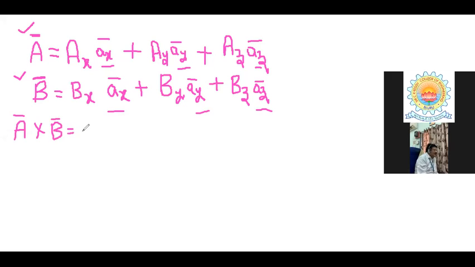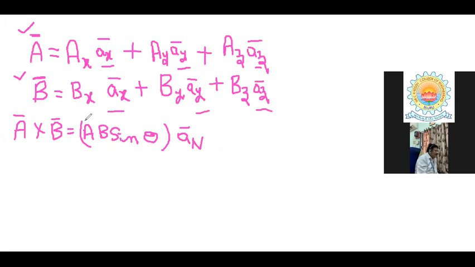From the definition, A cross B is taken as AB sin theta, and this is the magnitude. The direction of this is given by an bar, where an bar is the unit vector normal to both A bar and B bar, or to the plane containing A bar and B bar.